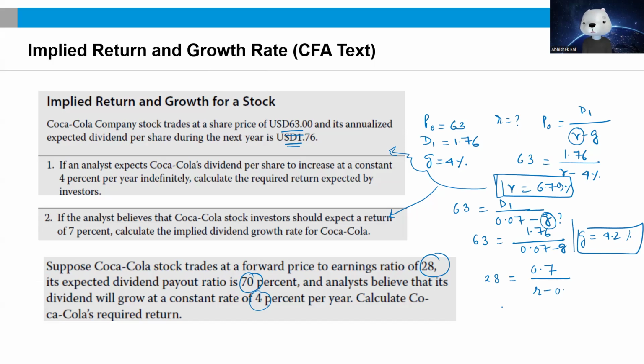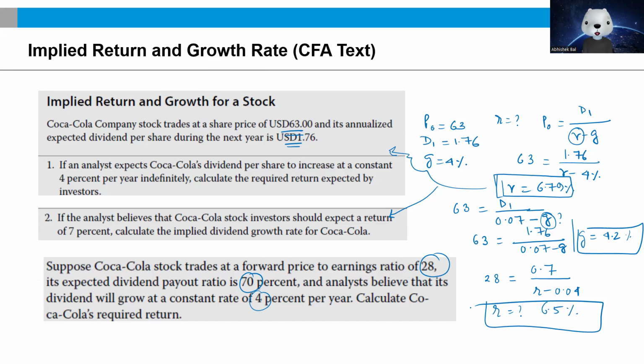So from here, we'll have to find out the value of R. Again, it's pretty easy. R is around 6.5%.